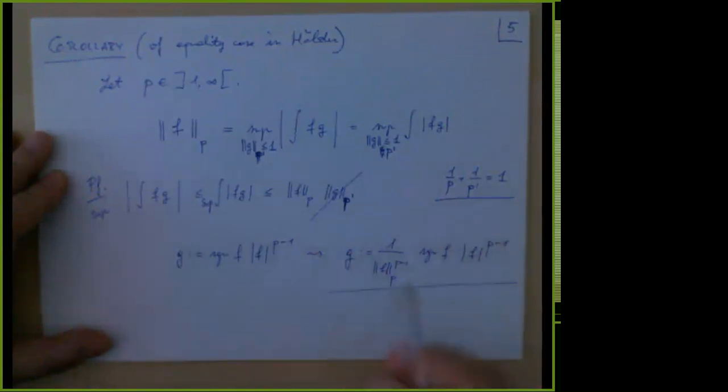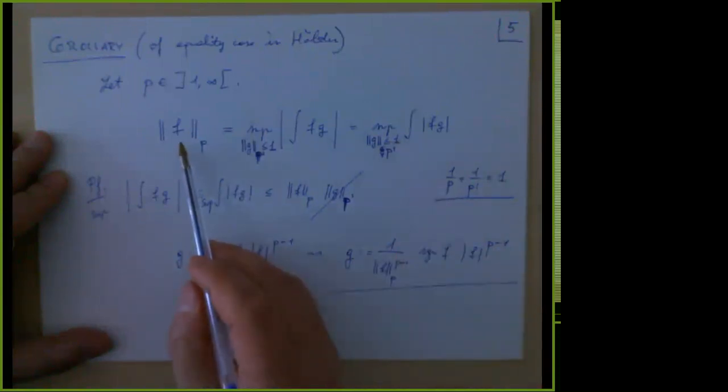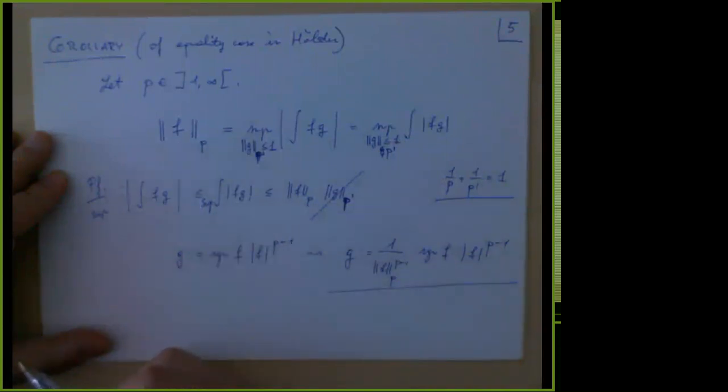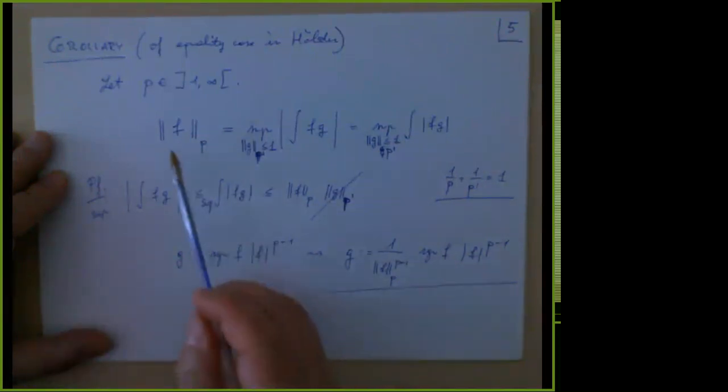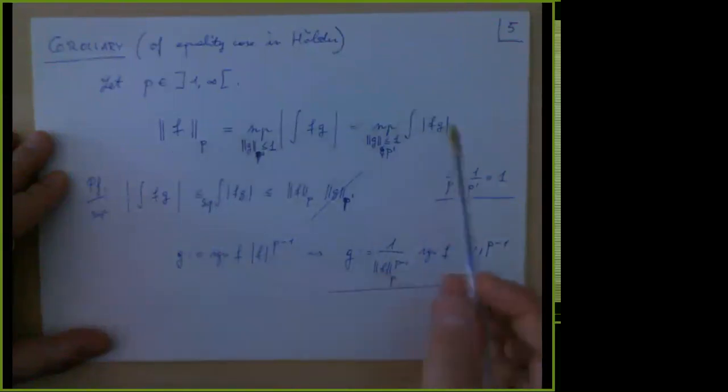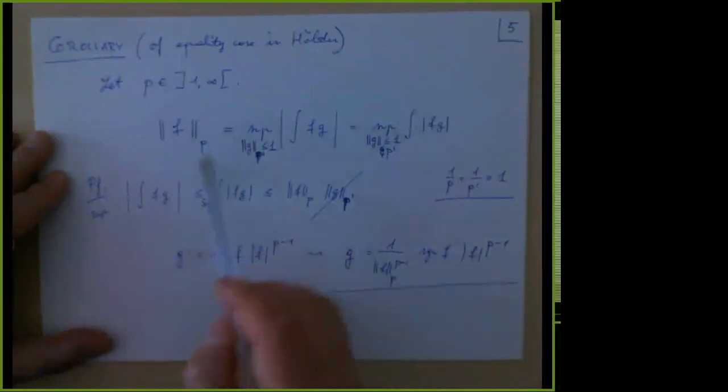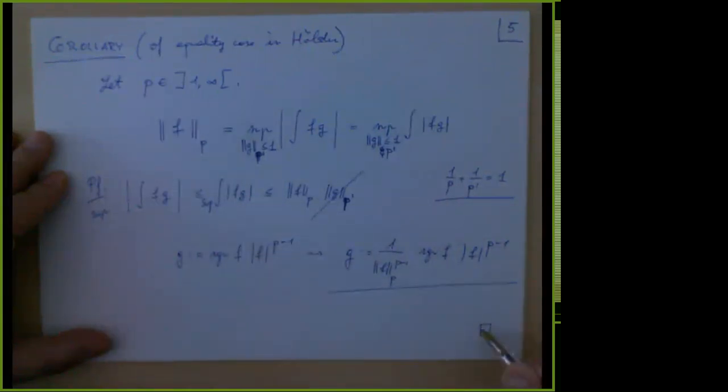Okay, so if you do the computations yourself, you will see that starting from this guess, which comes from the equality case, we produce a function g which has p prime norm actually equal to 1, which attains the supremum. Okay, and this completes the proof. This is actually a very useful way to check or to find estimates on the pth norm of a function.